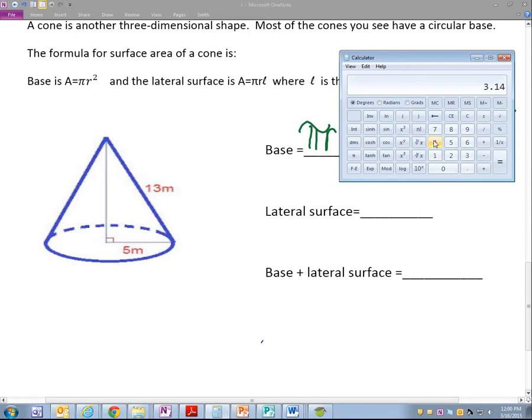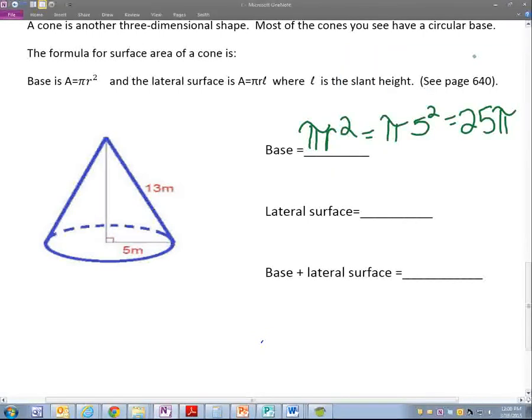We're going to round to the nearest 10th, I think your homework says. So 3.14 times 25, 78.5. 78.5 meters squared.